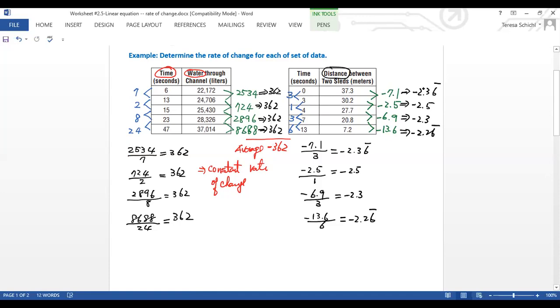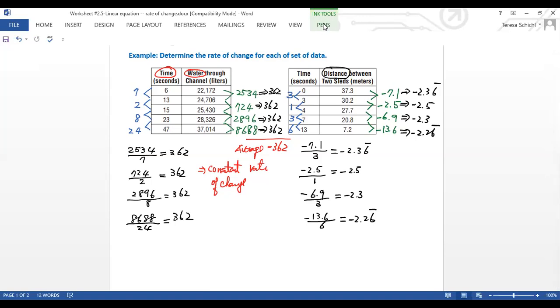In this example, you will see they are not really the same. They are pretty close, but they are different. So those points are not exactly on a line. They are close, kind of hugging the line, jumping around the line, but not exactly.